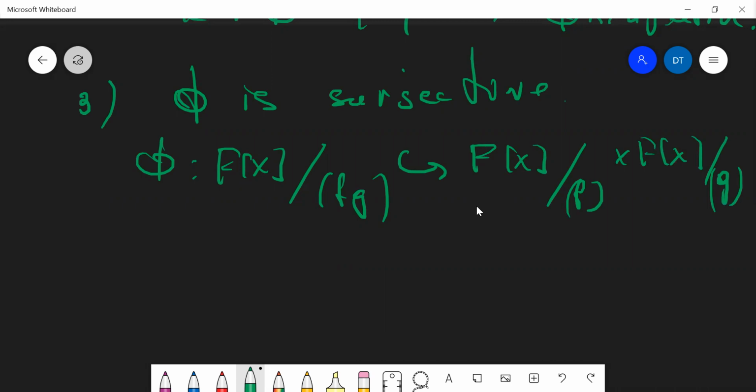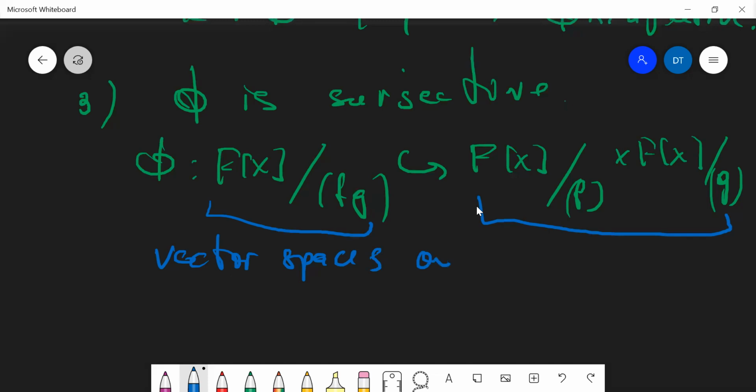We will consider the left-hand side and the right-hand side as vector spaces over F. My claim is that both are vector spaces over F, and phi is a linear map.